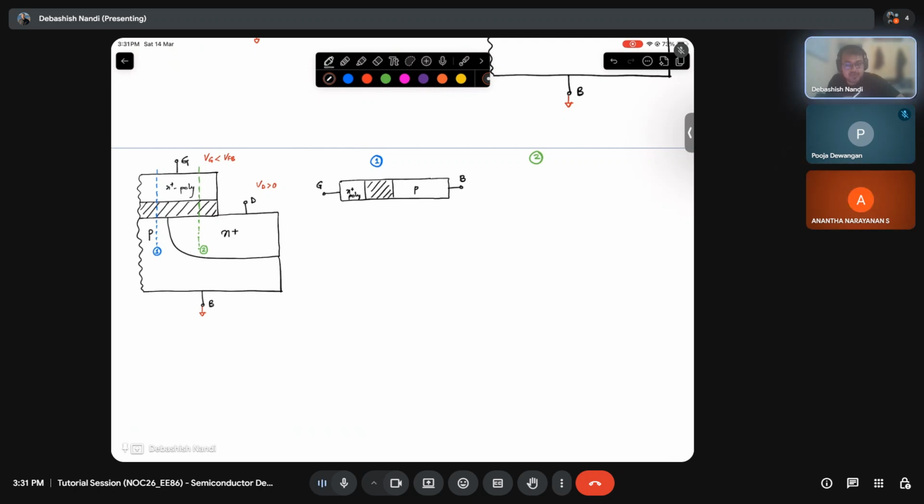Left side of 1 means the cut line; 1 is the line across which I am drawing the band diagram. Basically, your line will be like this line, right? Yes, sir.